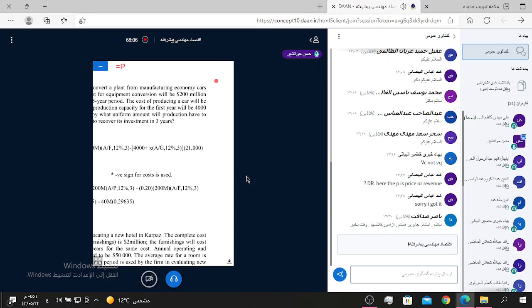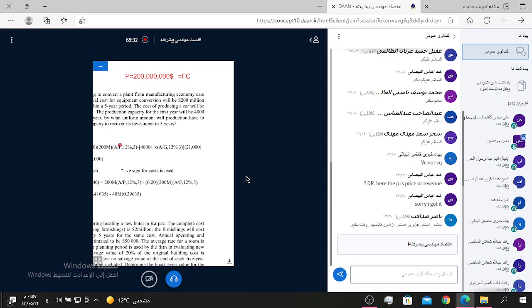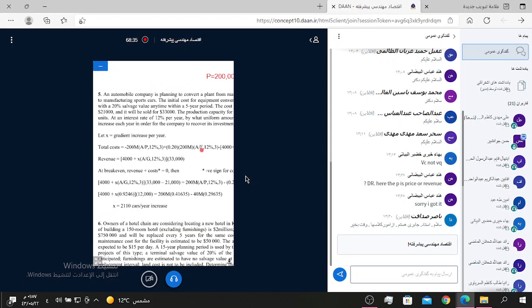P is $20 million. It's fixed cost, with 20% salvage value.